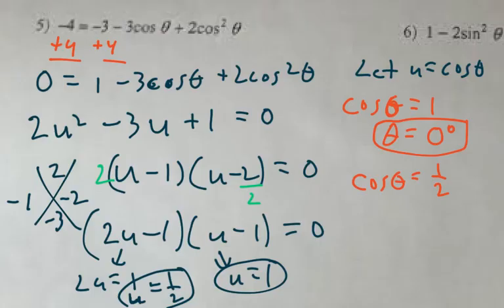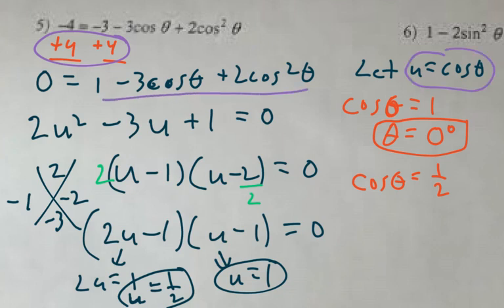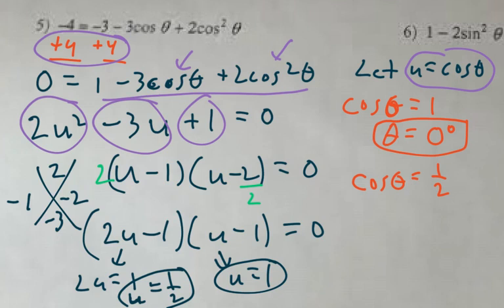Okay, on 5. First thing I would have done here, as you notice, is I added 4 to both sides. Now I could substitute u equals cosine theta into it, and I get 2u squared minus 3u plus 1. 2 times 1 is 2 with a negative 3 in the middle.